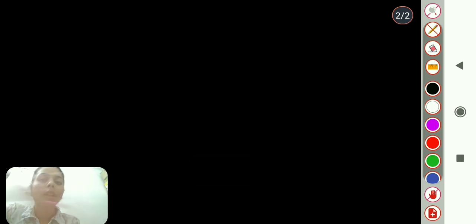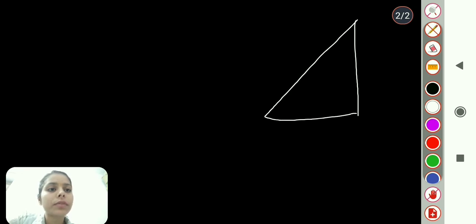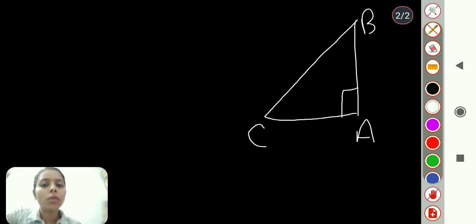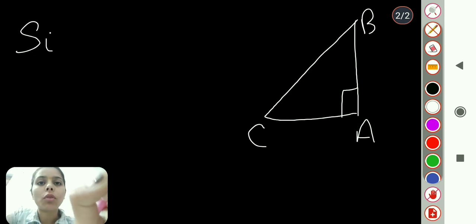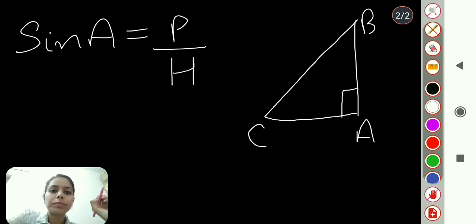First of all, we are calculating the values for sine 0 degree. So for this, I am drawing a right angle triangle, right angled at A, this is B and C. We all know the formula for sine A is perpendicular upon hypo, right?